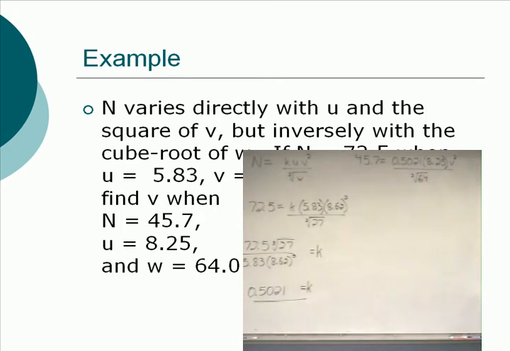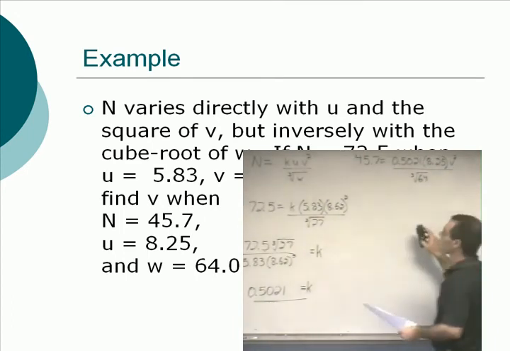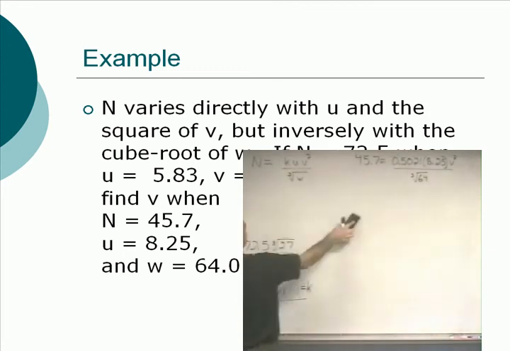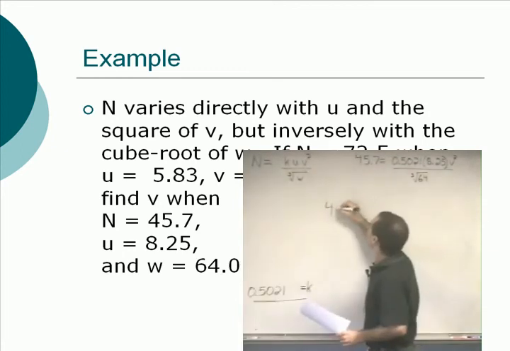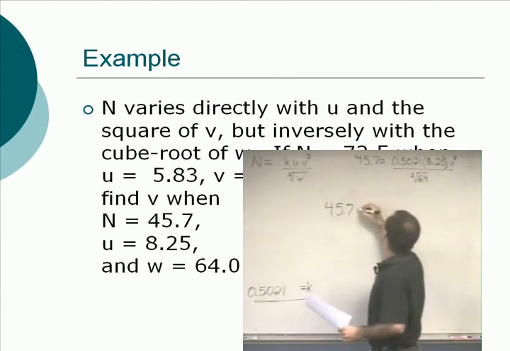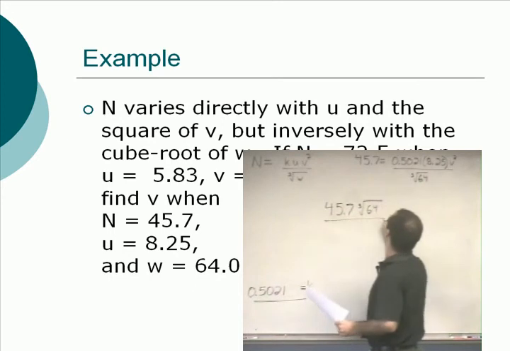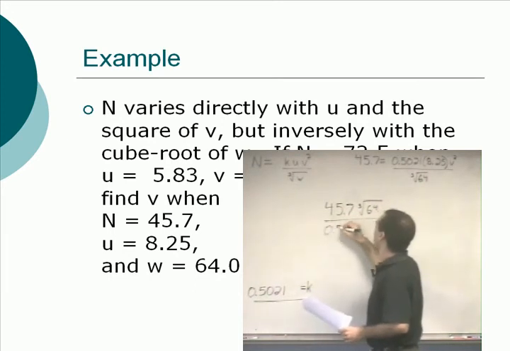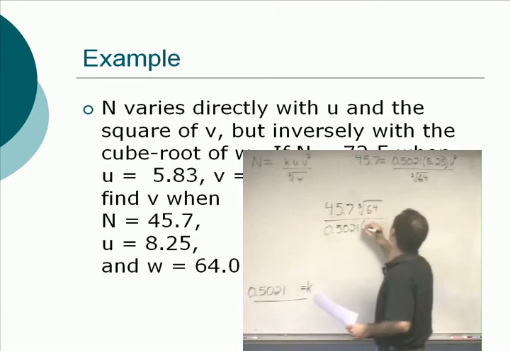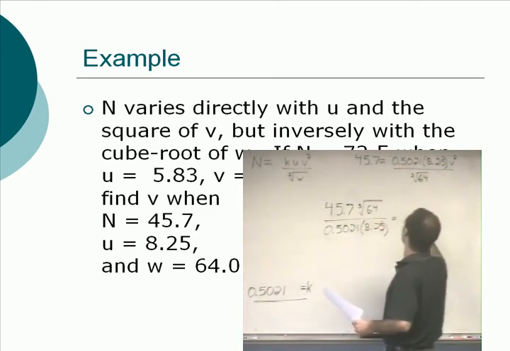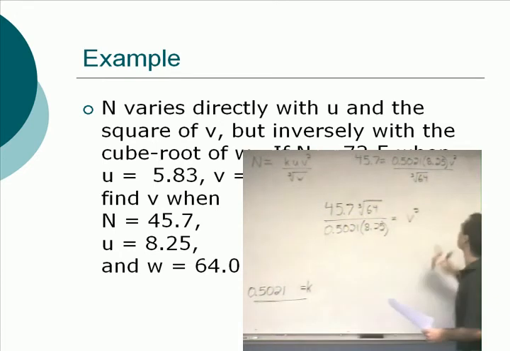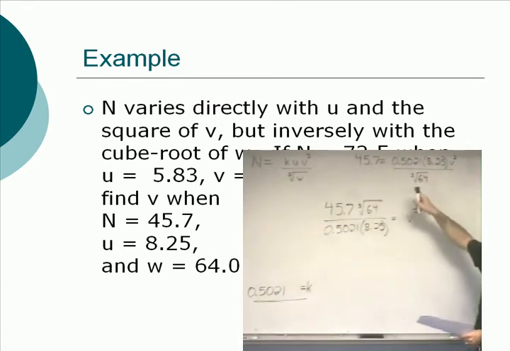Okay, let's get the numbers shifted around so we can solve for V squared. I need to get some room here. So V squared is 45.7 times cube root of 64 divided by 0.5021 divided by 8.25.